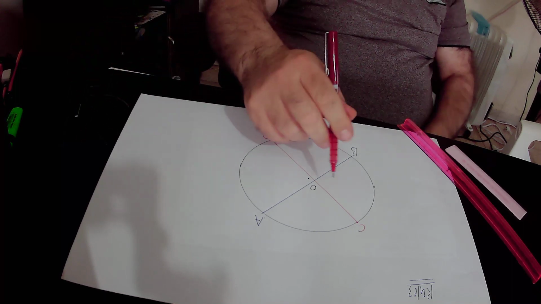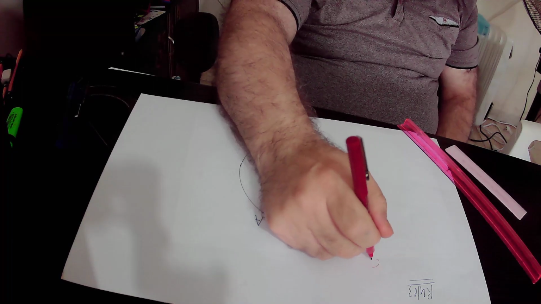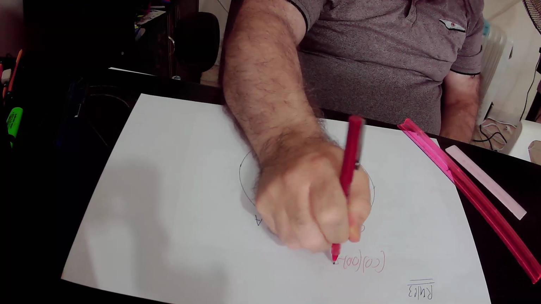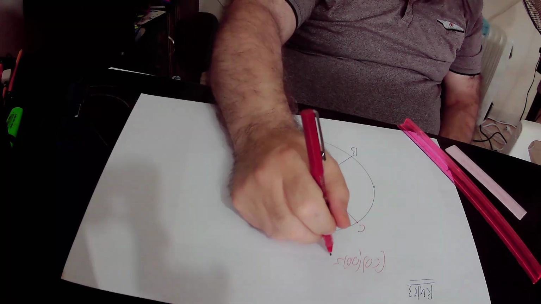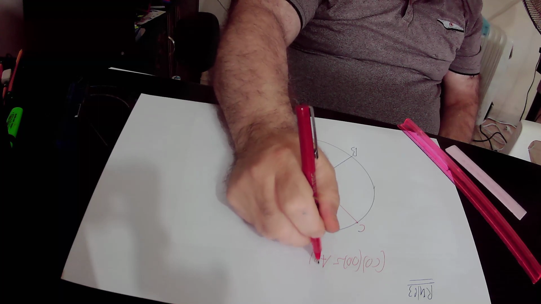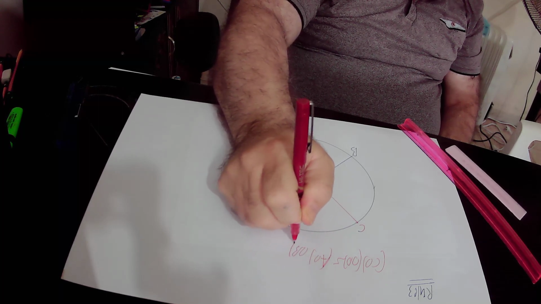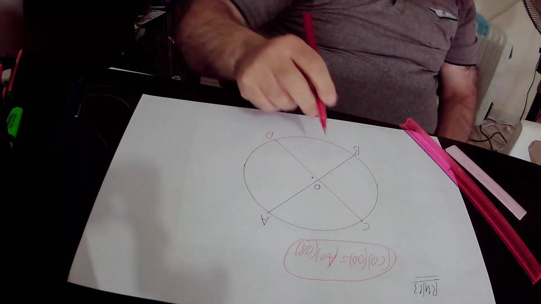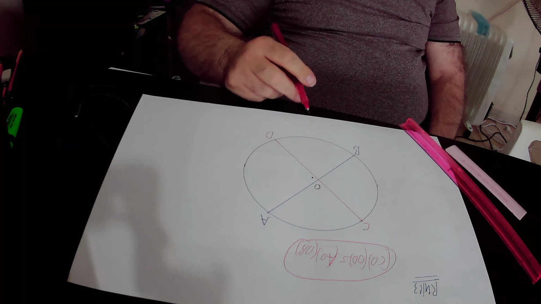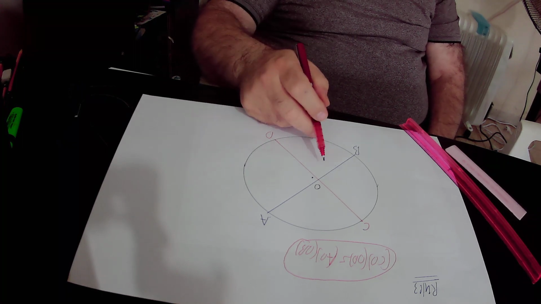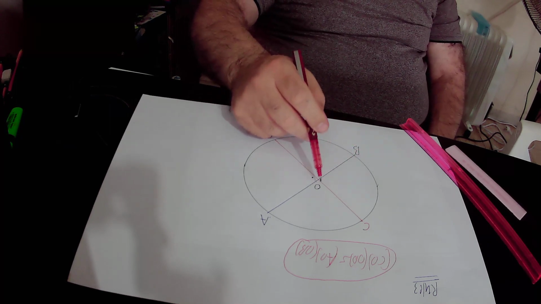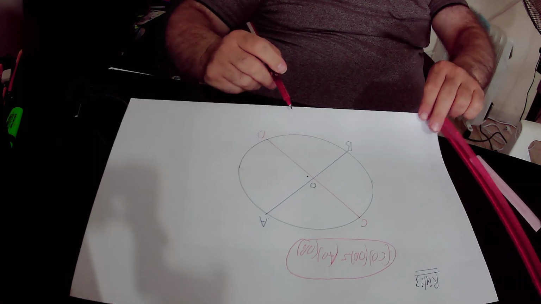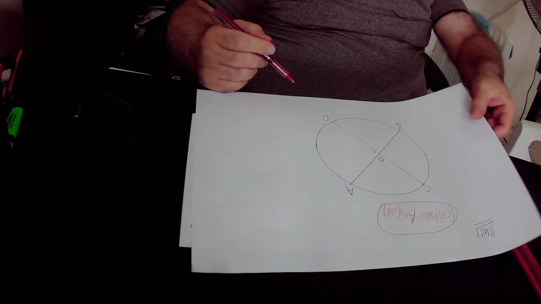CO times OD equals AO times OB. I'll repeat again. If two chords intersect with each other inside the circle and the intersection point is point O, then CO times OD will be equal to AO times OB. So we actually can implement rule number 3 in our drawing.